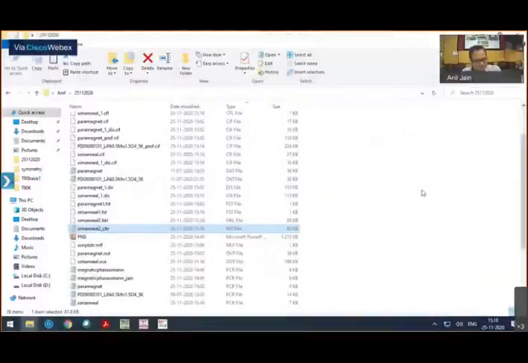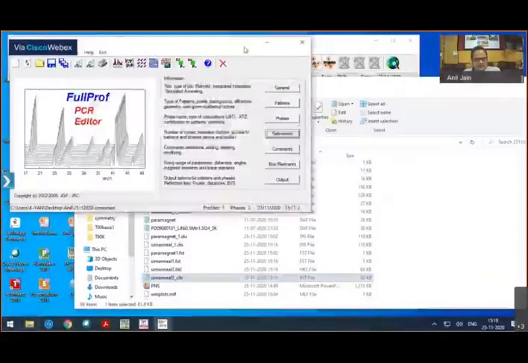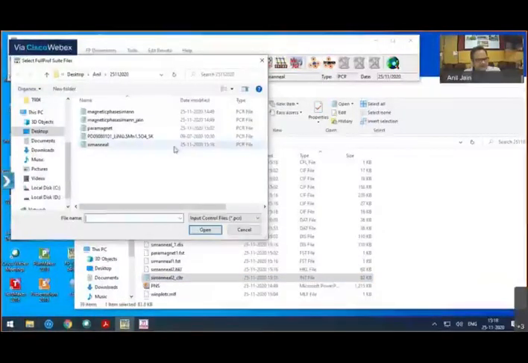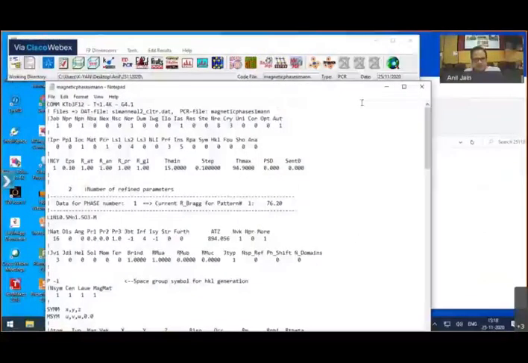Once we have got this, we have to again make a PCR file, to get the magnetic structures which are not now limited by the symmetry. For that, we have to again make a PCR file, and I believe, let's say this is the PCR file. So now what do we do?